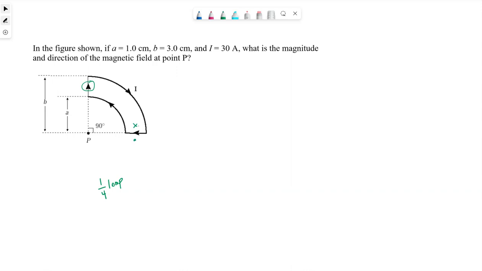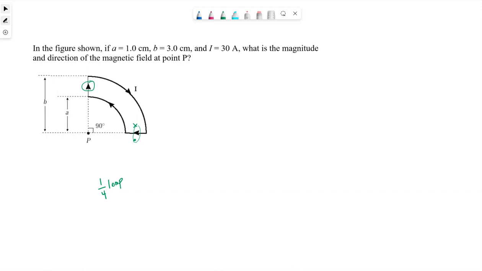The magnetic field will totally circle the wire, but it will not create a magnetic field over at point P. That magnetic field just does not pass through point P. So we don't need to worry about the magnetic field of these two straight portions.